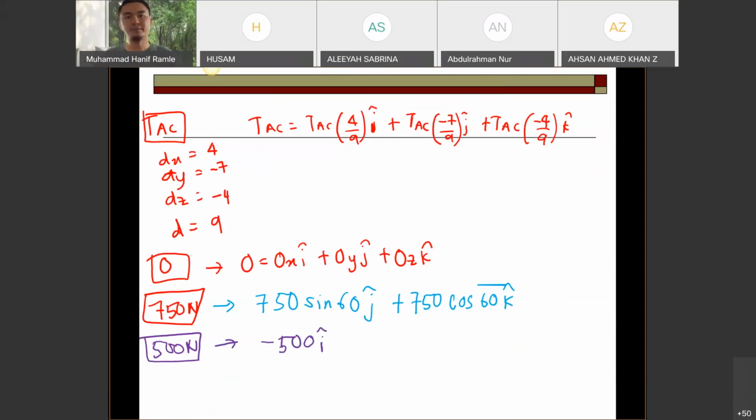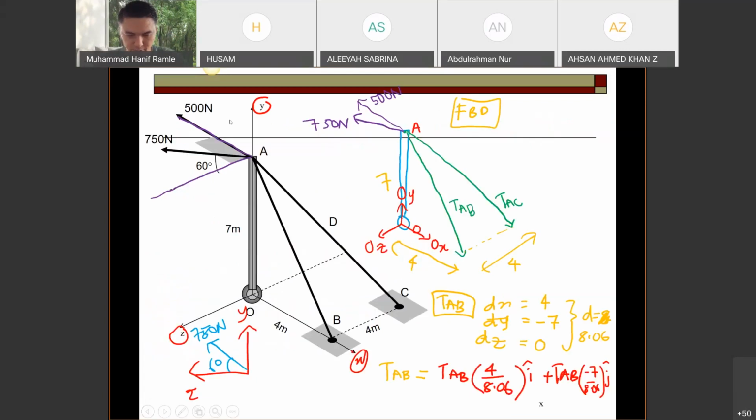Okay, right now I need your help to simplify this equation. 4 over 8.06, how much? 0.496.